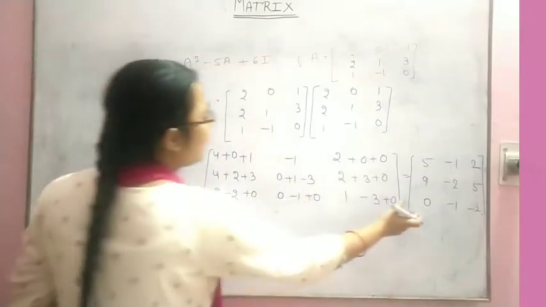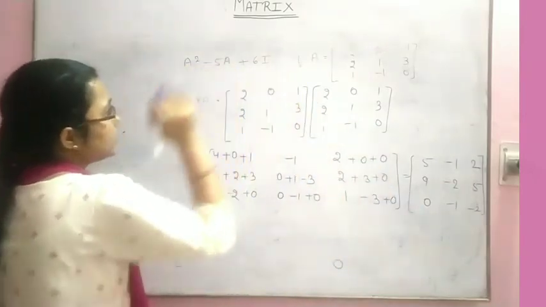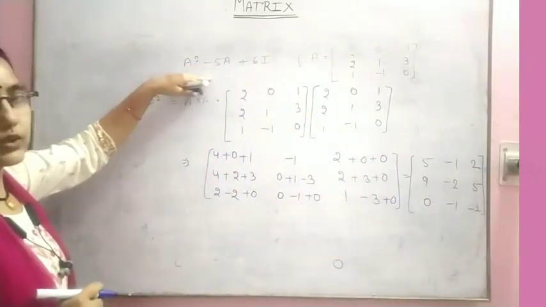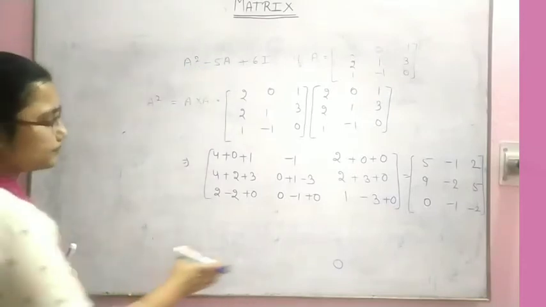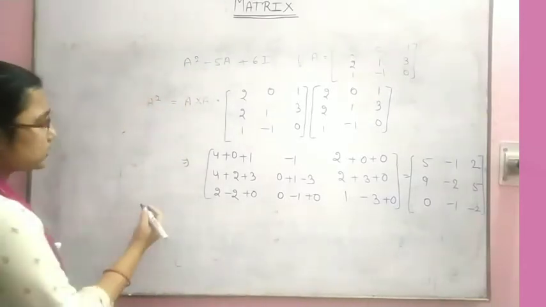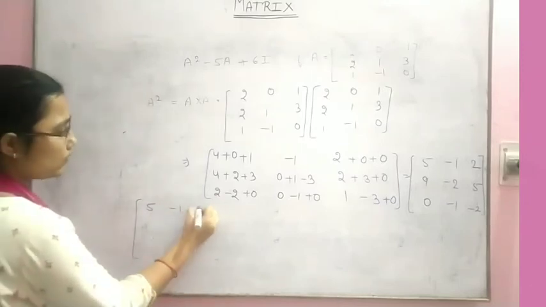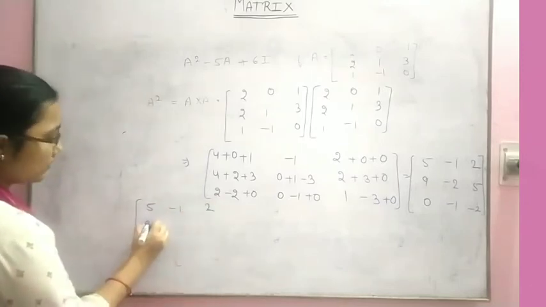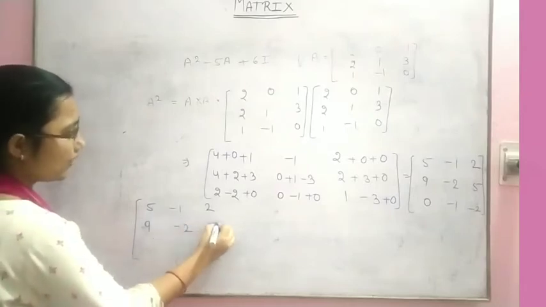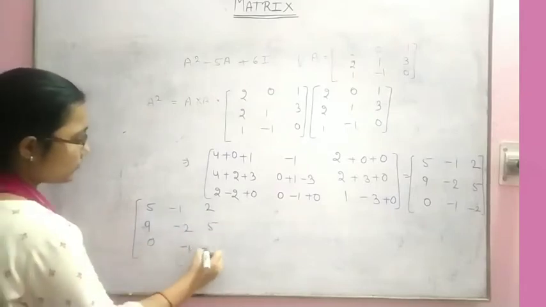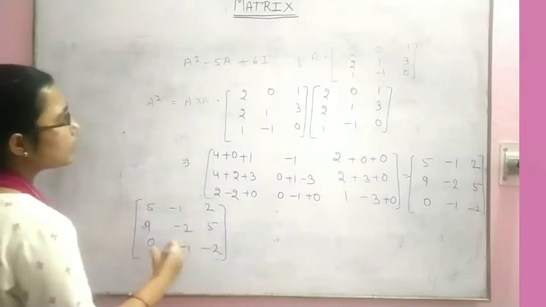Now put the value of A square in the given equation and find the value of A square minus 5A plus 6I. So just put the value. A square is 5, minus 1, 2, 9, minus 2, 5, 0, minus 1, minus 2.